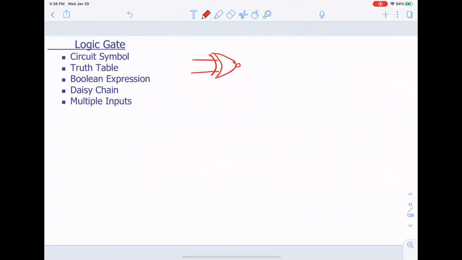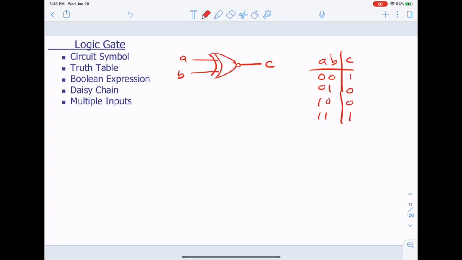I just want you to guess privately in the chat what this is called. One of you already guessed it. This is the opposite of an exclusive OR. And I'm not going to do daisy chain or multiple inputs.